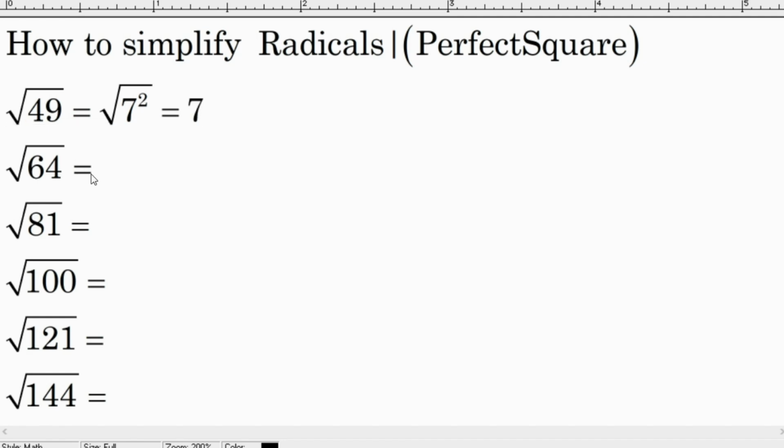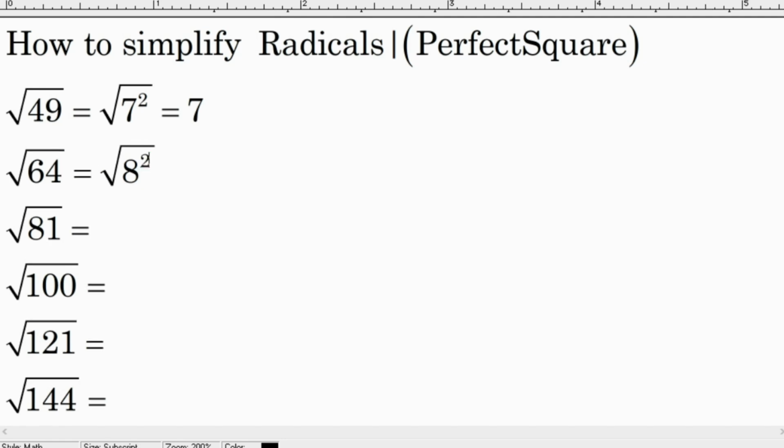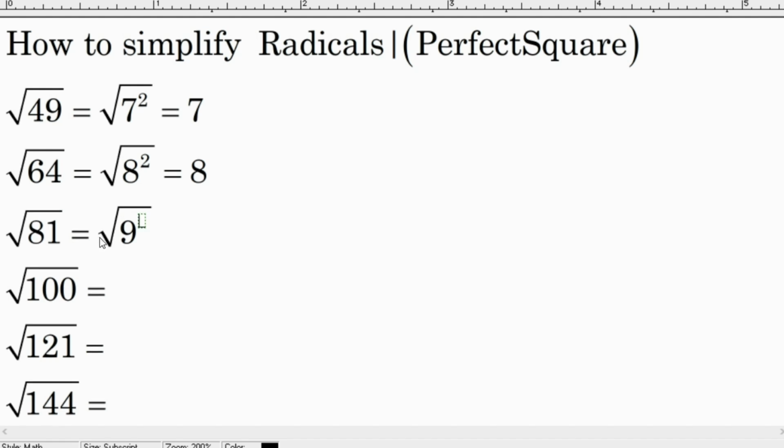Here, the square root of 64 can be written as the square root of 8 squared, then equal to 8. And the square root of 81 is equal to the square root of 9 squared, then equal to 9.